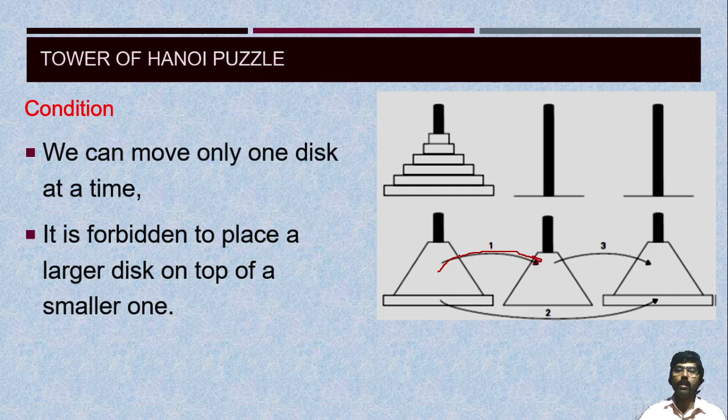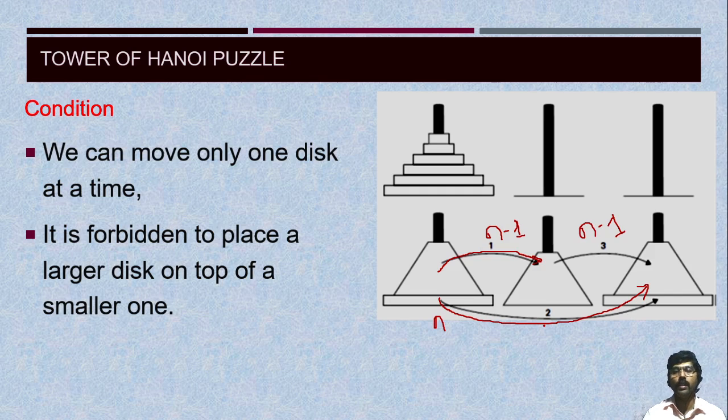Once you move all the n minus 1 discs to peg 2, then we move the nth disc to peg number 3. Here we are placing n minus 1 discs first, recursively. This is a recursive technique. So we move n minus 1 discs to here first. Then the nth disc is moved directly to peg 3. That means the largest disc is placed here. Then the n minus 1 discs will be moved here. Like this you can move.